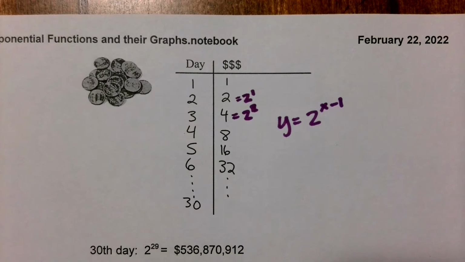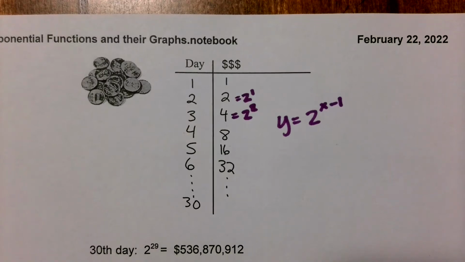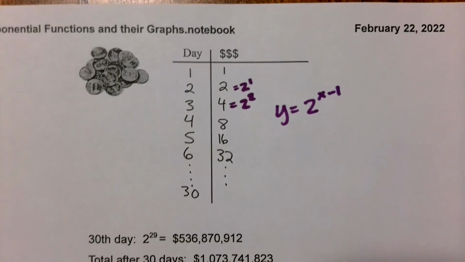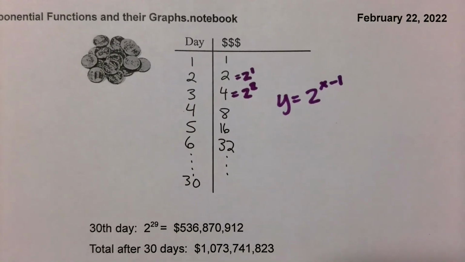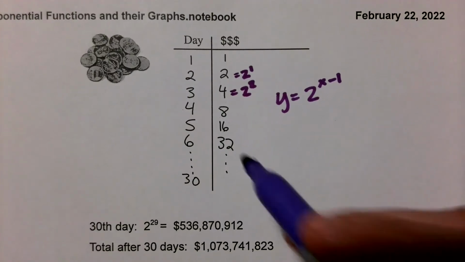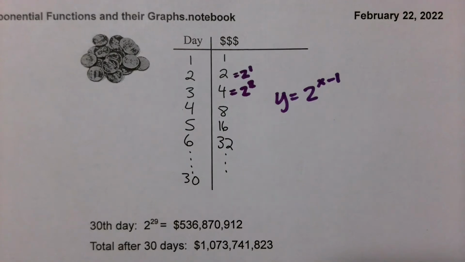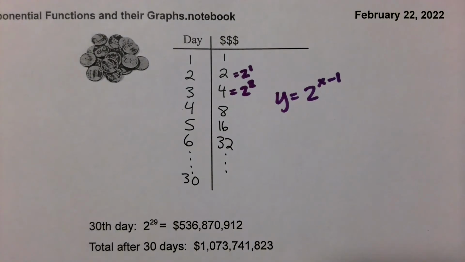Okay, so the total that you'd make after 30 days, which you could get with a summation or literally adding them all together, but it did it for us. The total that you would get after 30 days is $1 billion, and I'm not going to say that whole number. It's insane, is what it is. By doubling, which we don't see happening in the first 10 days, but eventually that number that is doubling over and over is doubling something huge.